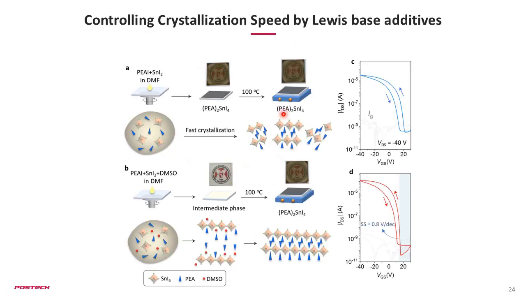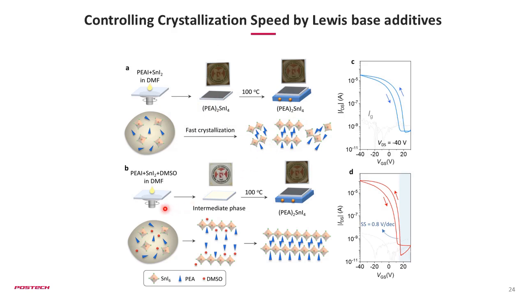Then, to control the crystallinity of the perovskite film, we add DMSO, a Lewis base additive, into the DMF solvent. If we use only DMF solvent, right after spin coating the perovskite film it shows a perovskite paste, so it is difficult to increase the grain size using only DMF.